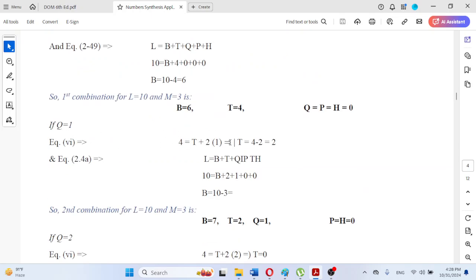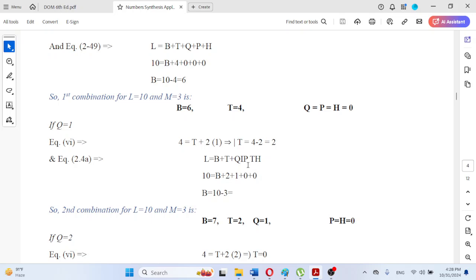So if Q is equal to 1, we can say that 4 is equal to T plus 2, so T is 4 minus 2, which means T is equal to 2. So there are 2 ternary links and 1 quaternary link.